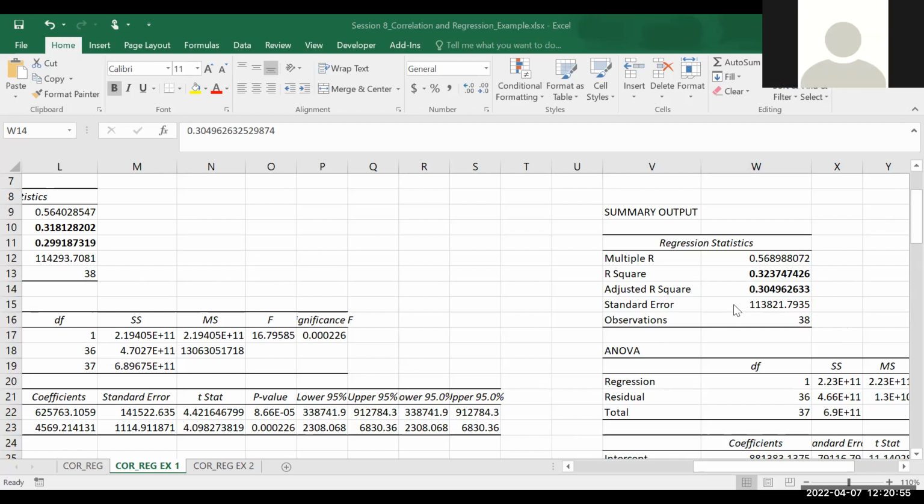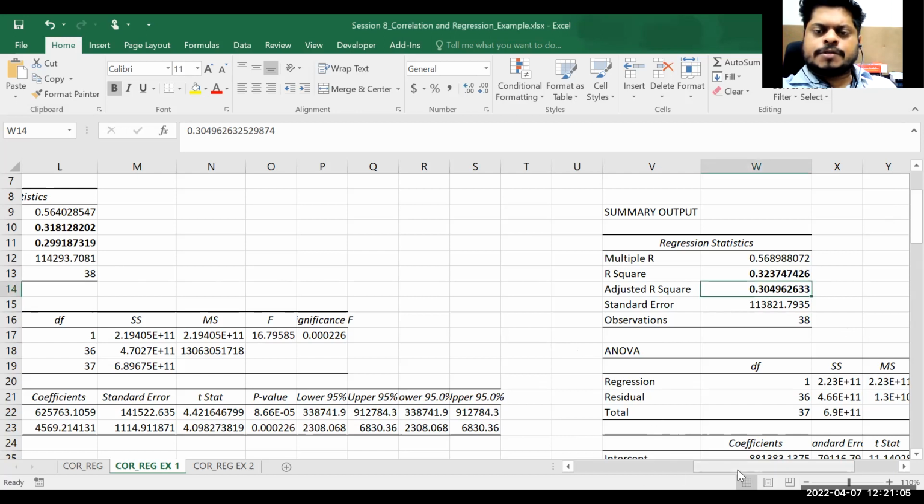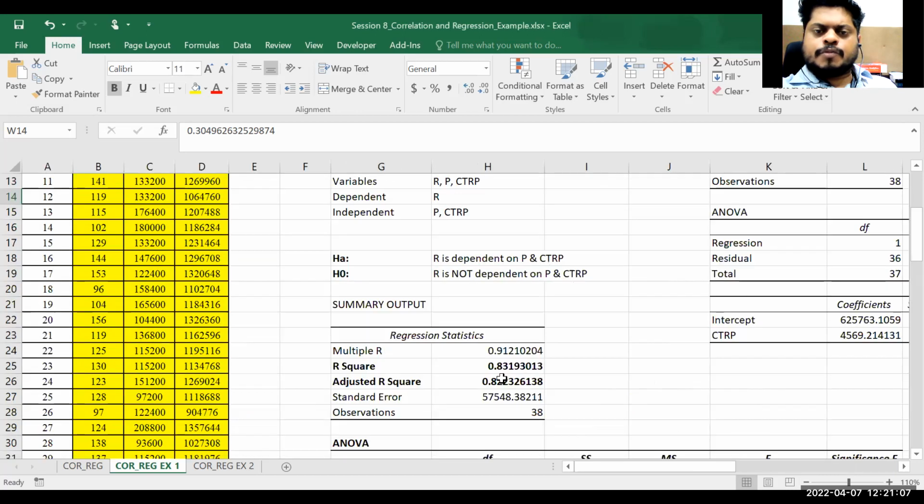If I have one model with a single variable with an R square below 0.95 and an adjusted R square of 0.95, and here I'm getting an adjusted R square of 0.82, then obviously I'll go for the first model with only one variable. Why should I come to a lower adjusted R square?